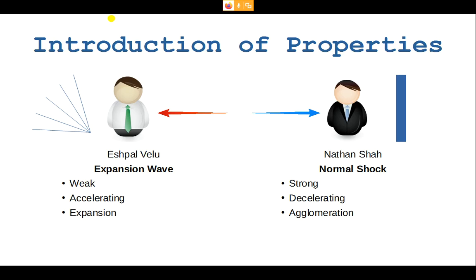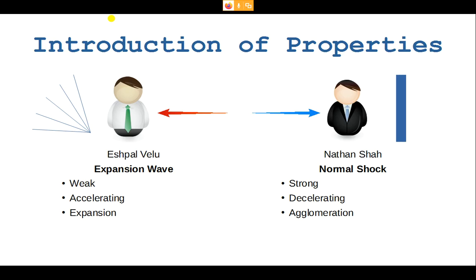It also accelerates the motion of particles, and it has expansion characteristics. So these two characters of our story, which were correlated with the previous analogy, we will be using as properties in our shock tube.